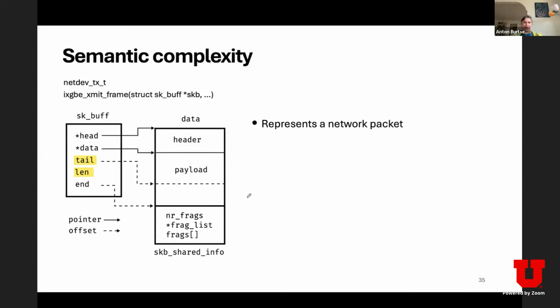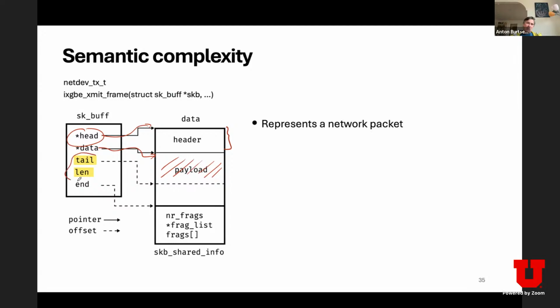Like, for example, here, this SKB data structure, which is passed between the kernel and the network device, has a pointer to the data region of the SKB, where the actual payload sits. And a bunch of other pointers point within this data region. So the head points to the beginning, the data points in the middle, because this is the beginning of the payload, and this is actually the packet headers.